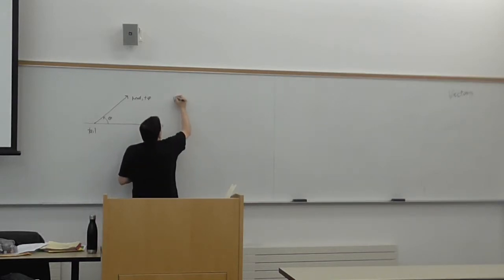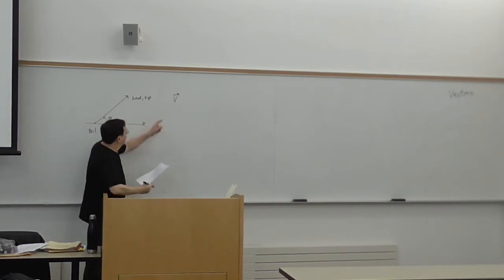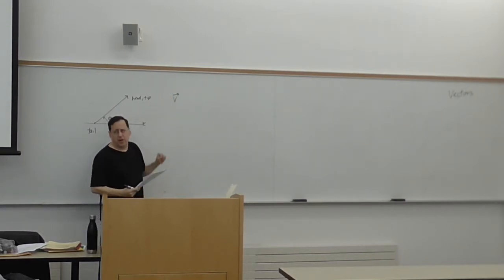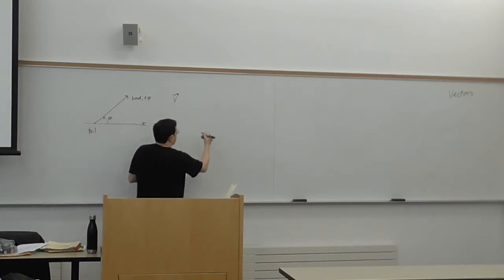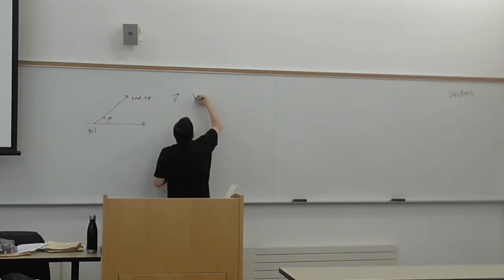We have some notation for vectors. For a variable, typically we'll put a little hat on top of it with an arrow. If you look in the book, they use a different notation, which I can't really do on the board very well. They'll just use boldface to mean a vector.